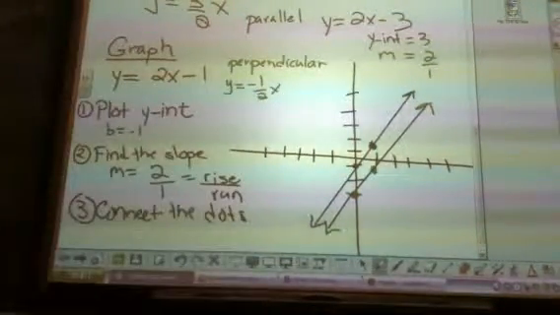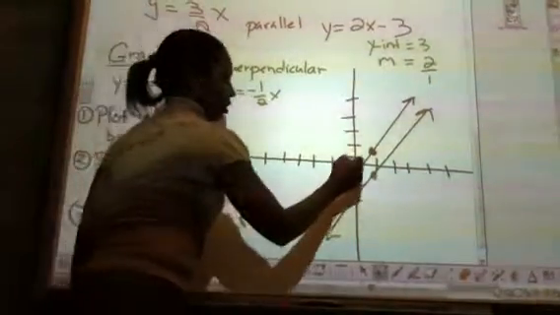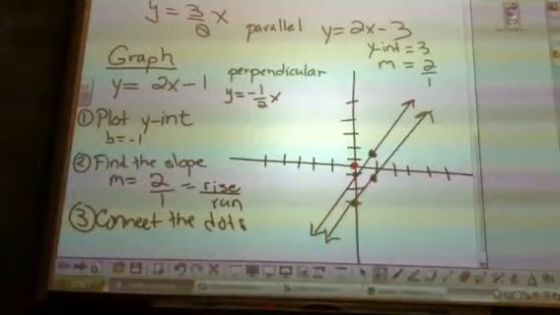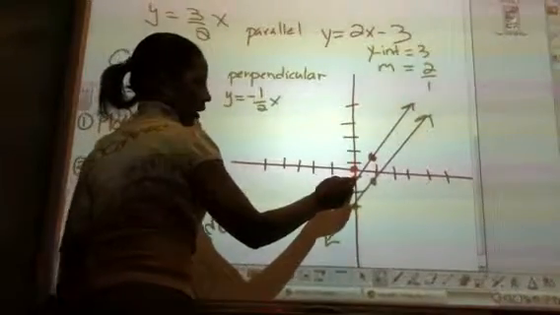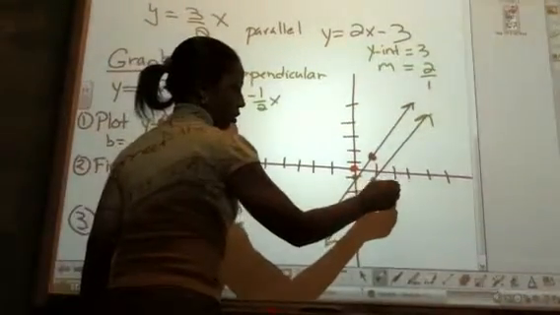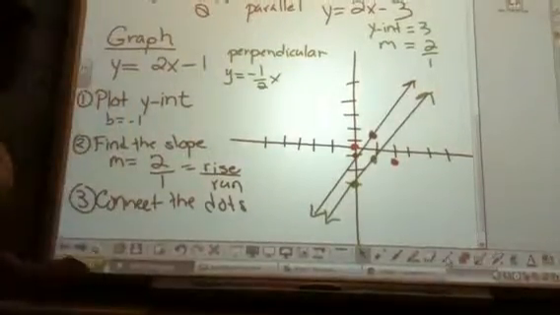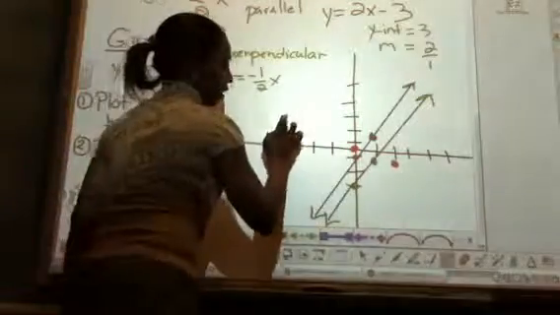So my y-intercept for this one is what? 0. My slope is negative 1 over 2. So I'm going to go down 1 and then to the right 2. And then connect your dots.